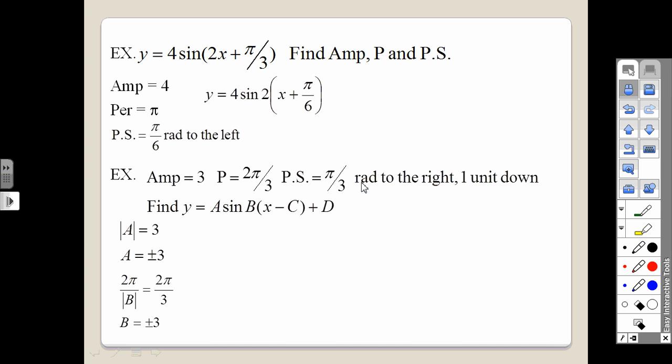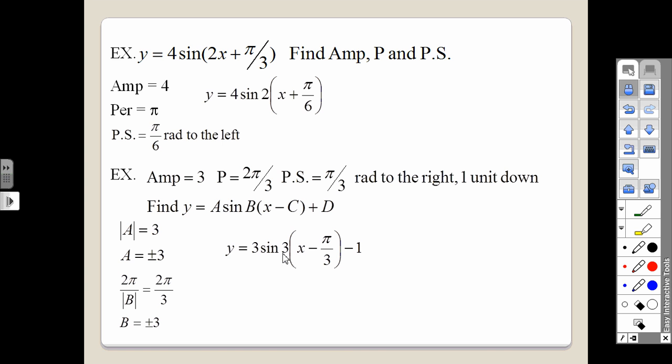You have pi over 3 radians to the right, so we know that that pi over 3 is going to take the place of c. To the right means that we're going to have a minus instead of a plus. And 1 unit down, that's the 1, is going to be the d. And it's going to be a minus because that's a direct movement. So our first equation is going to be y equals 3 times the sine of 3 times the quantity of x minus pi over 3, and then subtract 1.